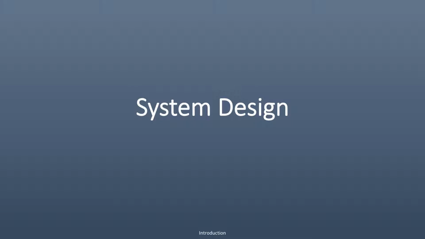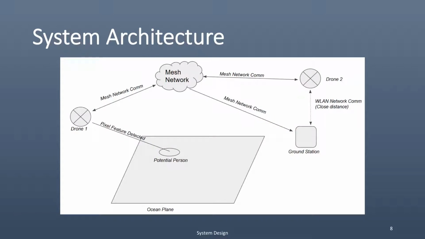System design. The system will consist of multiple drones. Shown in the above architecture, there are two with an optional ground station. The ground station and each of these drones will be nodes in a mesh network.